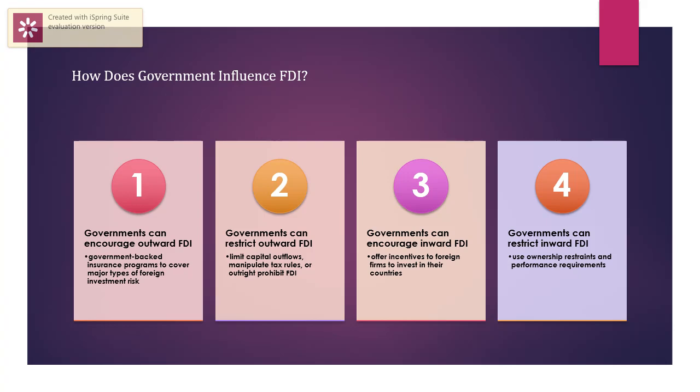The first choice that the government may prefer is that they can encourage outward FDI. A government will encourage outward FDI because they may want their companies to go out of their home country and invest in less developed or developing countries.